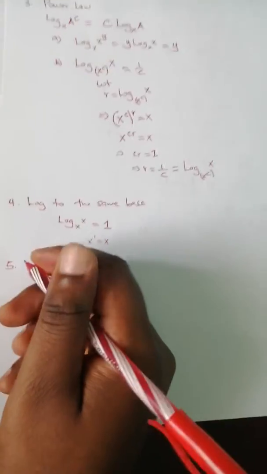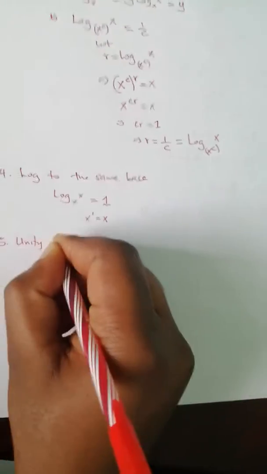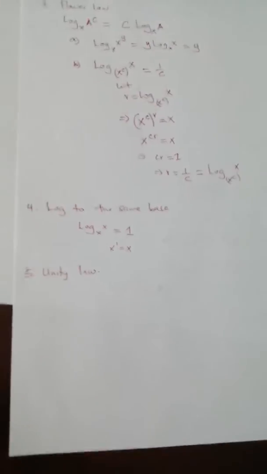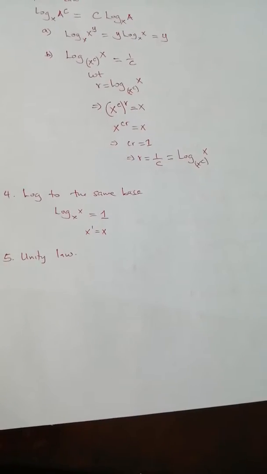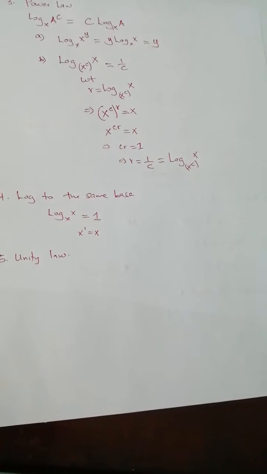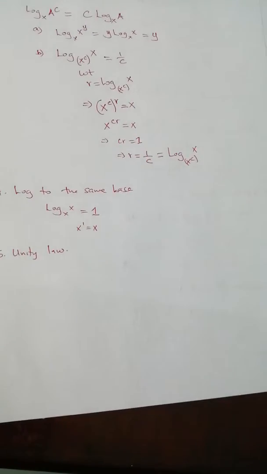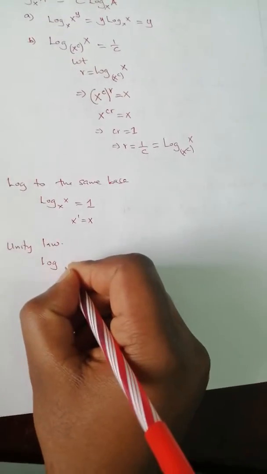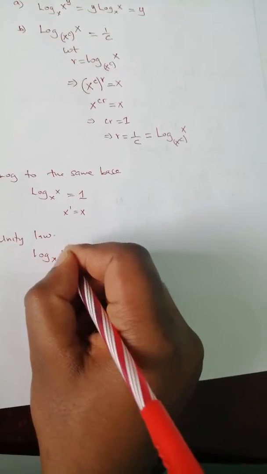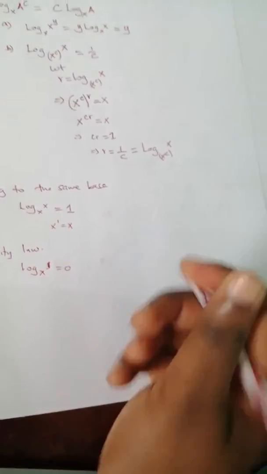So we go to rule number 5. Rule number 5 is called the unity law. Unity means 1. So the log of 1 to base any number is always equal to 0. So this implies log of 1 to base x is always equal to 0, regardless of the number.